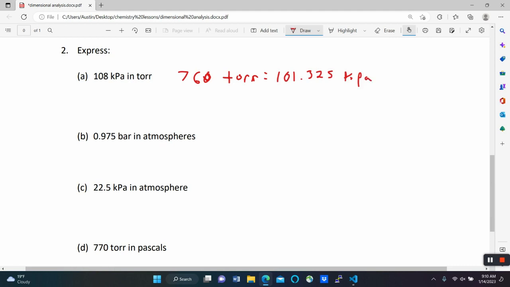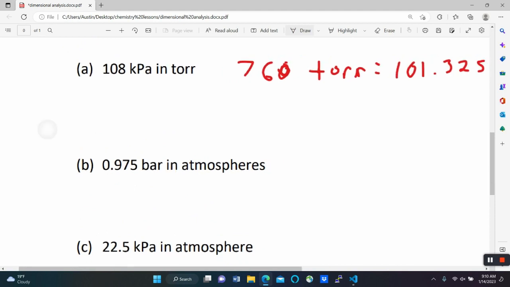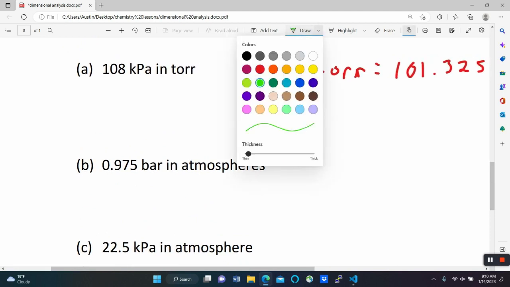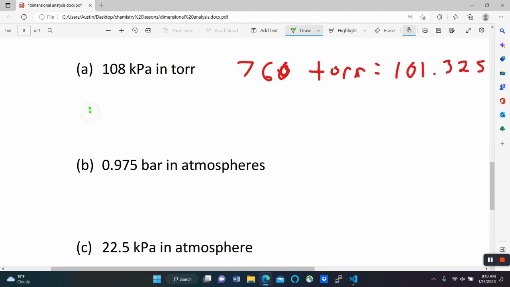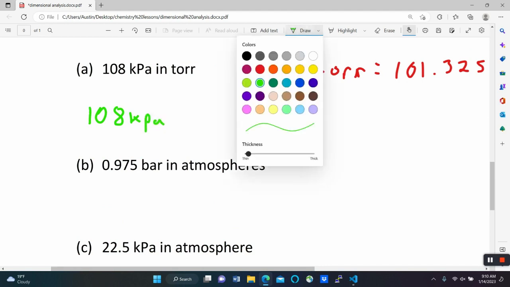So, if we wanted to convert from 108 kilopascals to its equivalent magnitude in torr, we would multiply 108 kilopascals by its associated conversion factor.